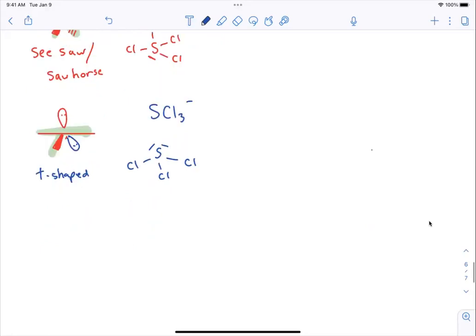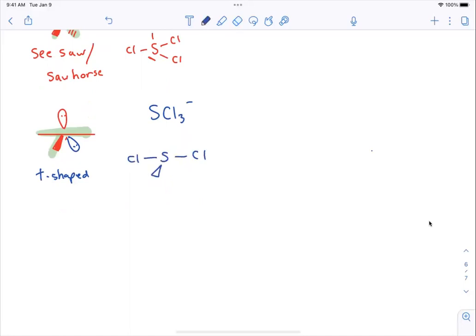Oh, okay. I think I see what you're saying. So you're asking me to redraw this. Does that look better? Sarah asked me to redraw the structure with wedge and dash with the actual lone pairs and stuff like that.